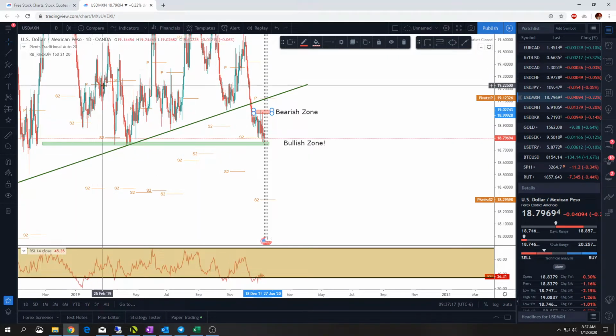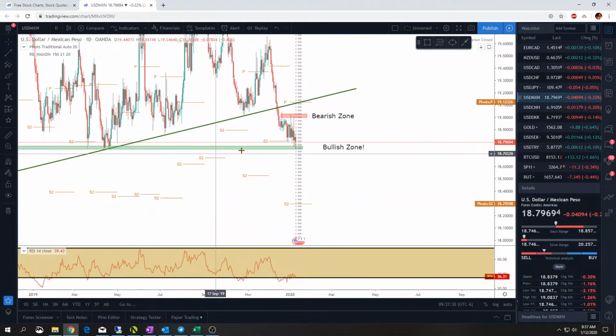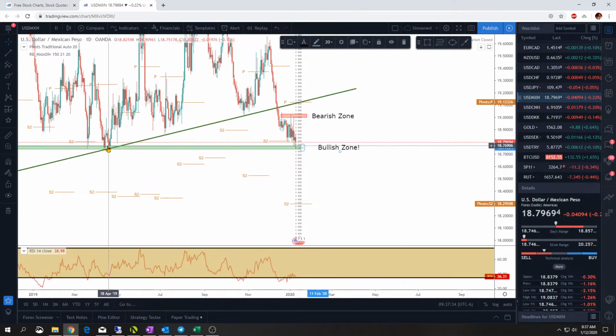And let's not forget, this is the US dollar, and I don't like to bet against the US dollar for too long. But nonetheless, technically, I like this pair long from this zone unless we get a break.